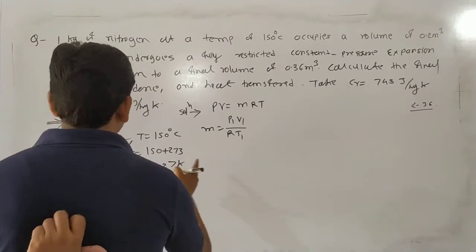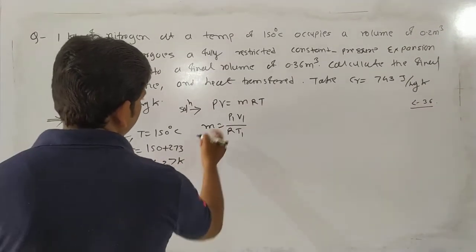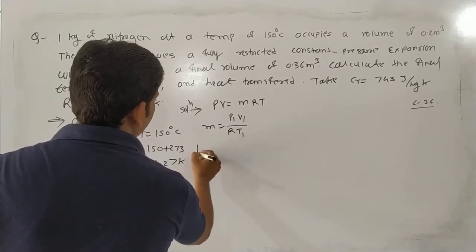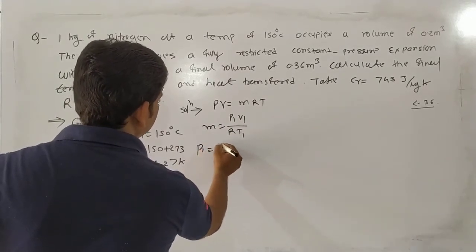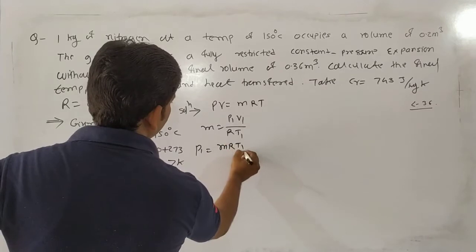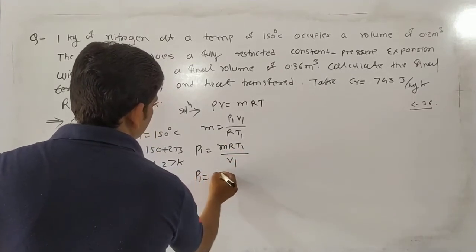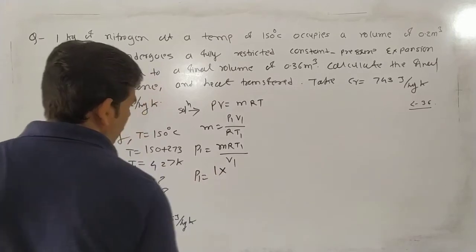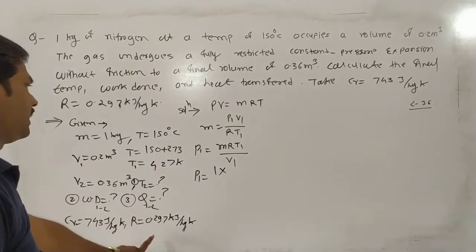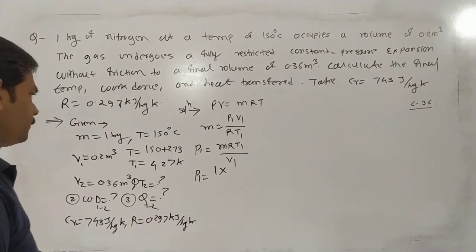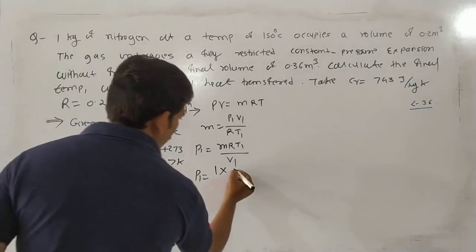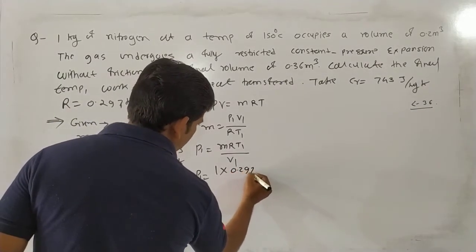So here we require the value of P1. We calculate P1 here. So P1 is equal to m R T1 upon V1. What is the mass? Mass is 1. R is how much? 0.297 kilojoule. We put 0.297.